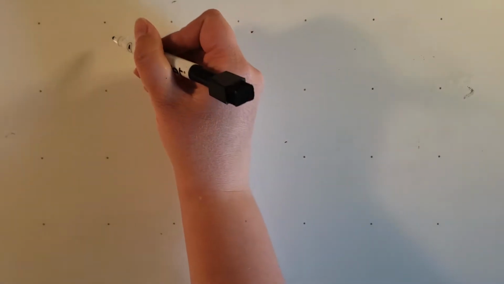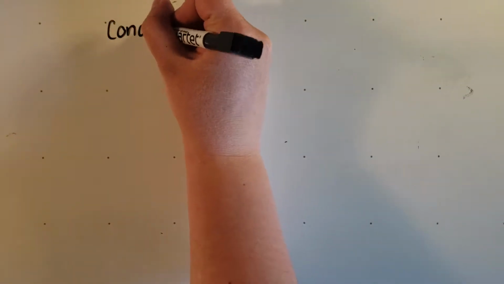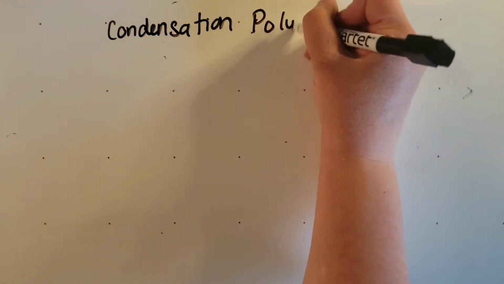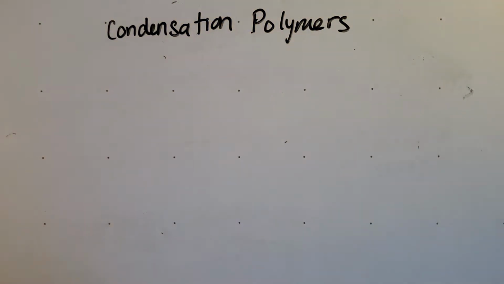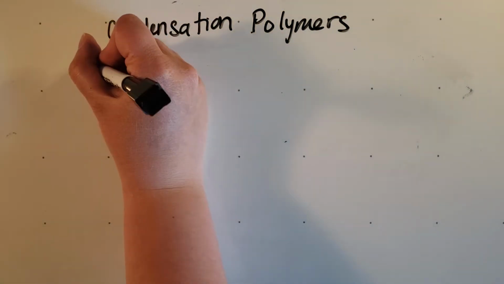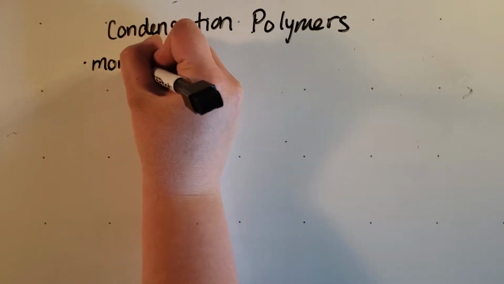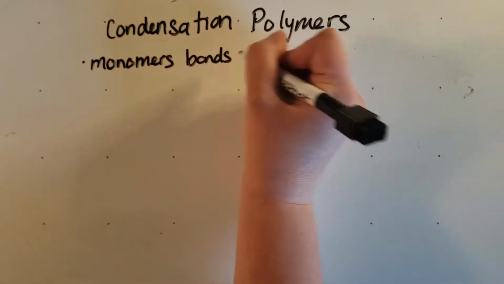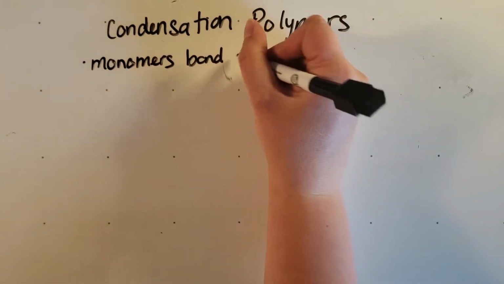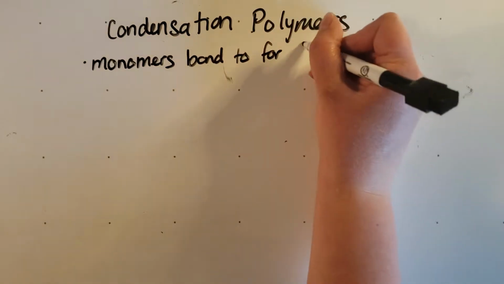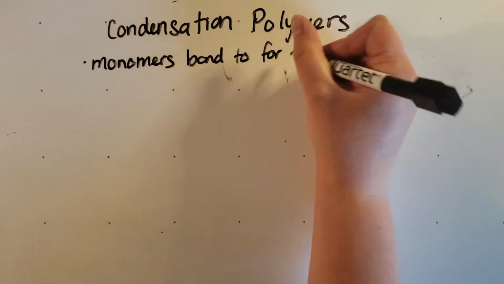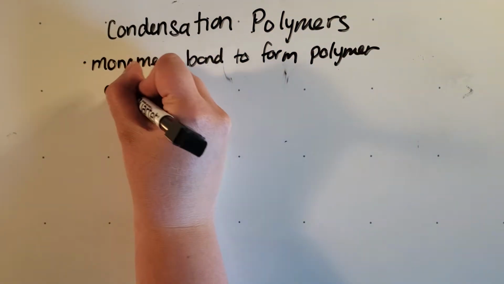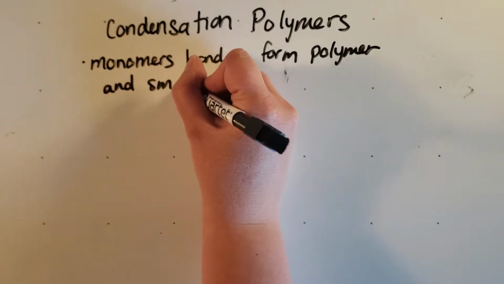Okay, so these are our condensation polymers. Now you do need to know the definition of this. So this is monomers bond to form the polymer and a small molecule.